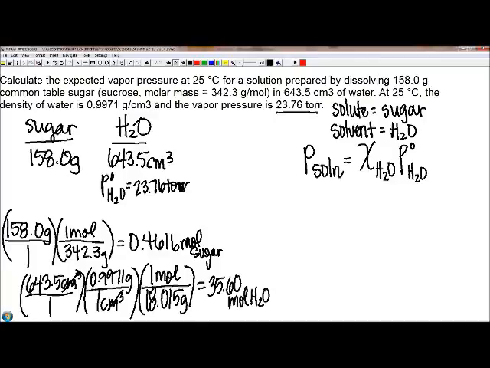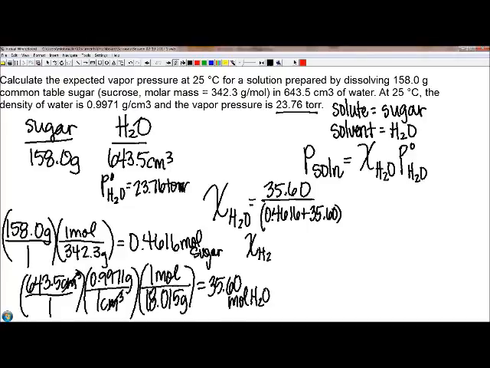Okay, so then next, we need to solve for the mole fraction of the water, where we take the moles of the water, so the 35.60, over the total moles. So we're going to take the sugar moles plus the water moles. So the mole fraction of the water is equal to, when you solve that out, 0.9873.